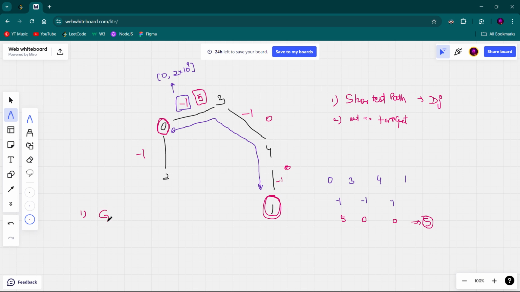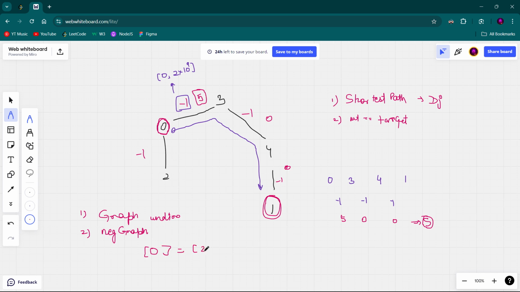First, we will make a graph which is undirected. Second, we need a negative graph which will store, like, if the key is 0, then it will return all the edges which have negative weights.